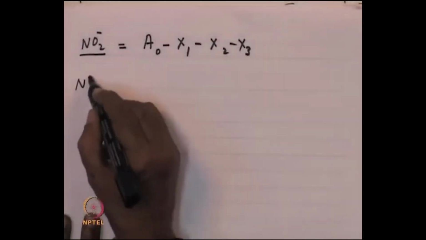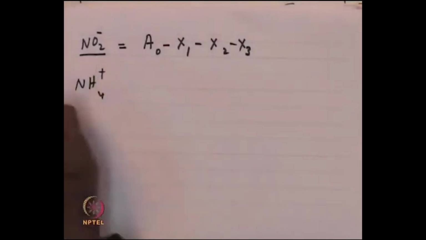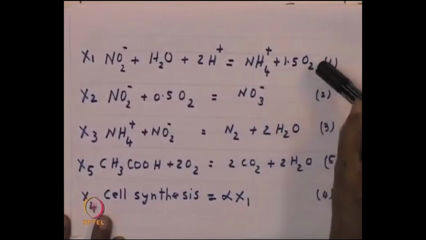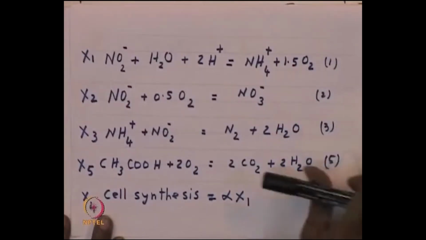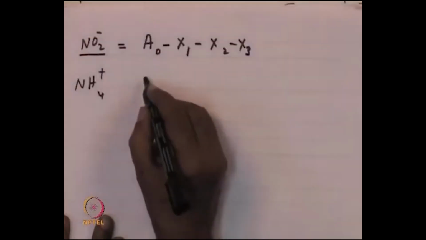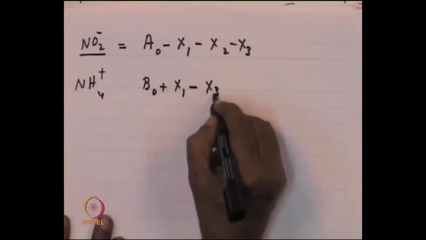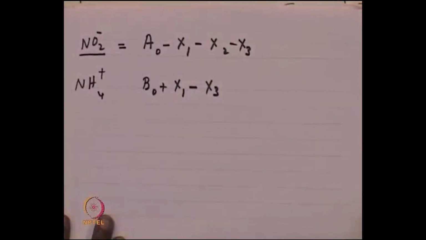And then NH4 plus. Notice here NH4 plus is formed in reaction 1 and consumed in reaction 3. So, it is B naught plus x 1 minus x 3. Is it all right?